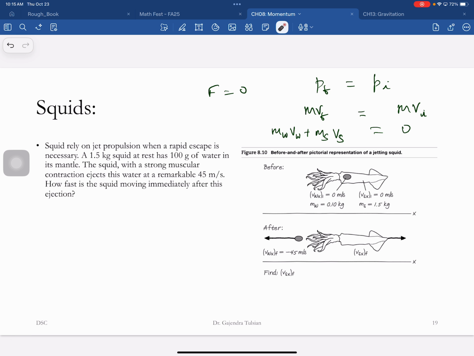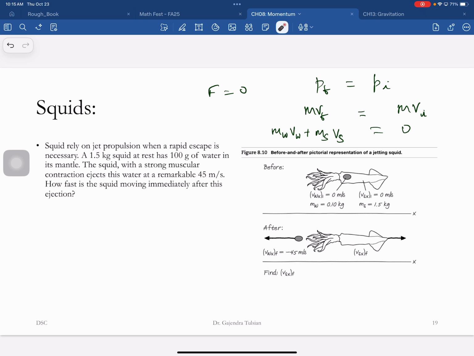So here's the squid that we talked about. Again, this is momentum conservation. Final momentum should equal the initial momentum. Squid rely on jet propulsion, so squids are rockets.